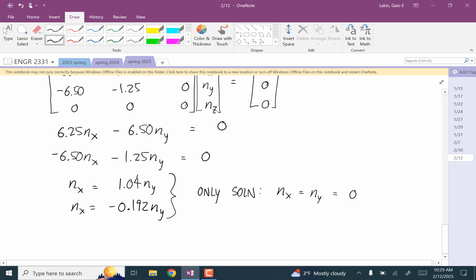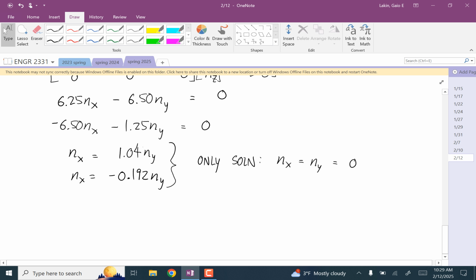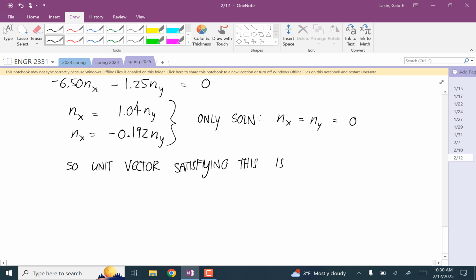Okay, so what's a unit vector where nx and ny are equal to 0? It's z, or k, or its opposite. So the unit vector satisfying this is 0, 0, 1 or 0, 0, -1.